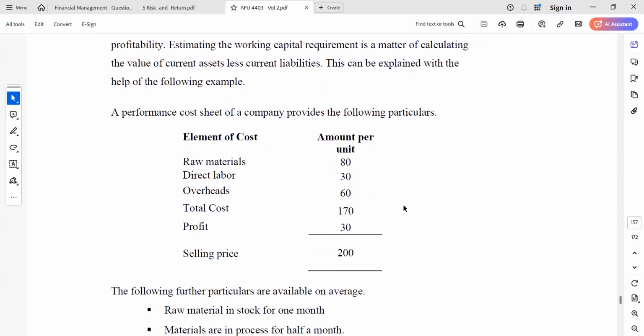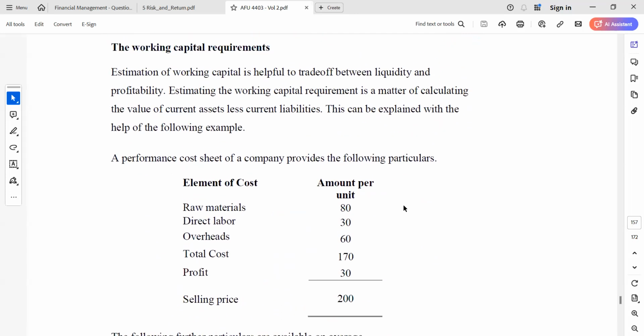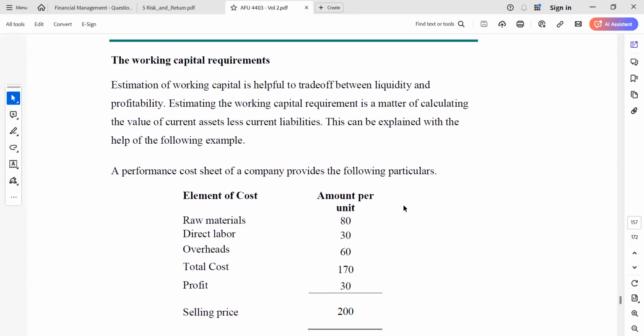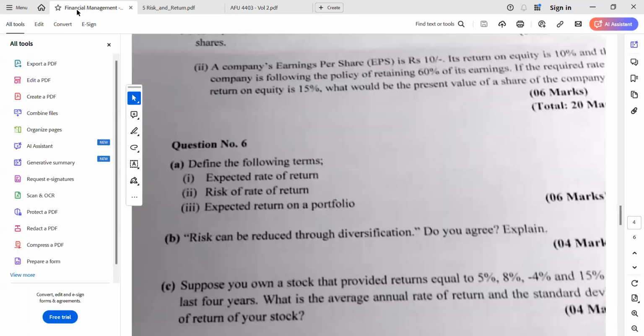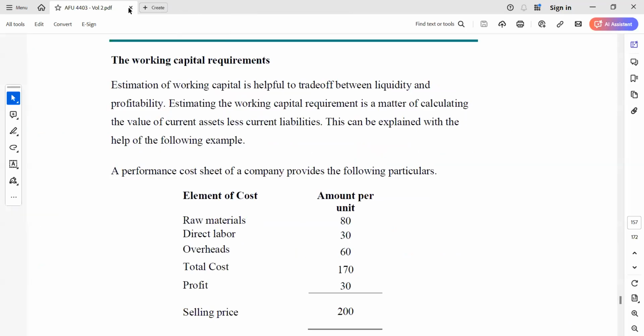Can you tell me the page number? Is it 149? Sorry, sir, my phone is out of battery.